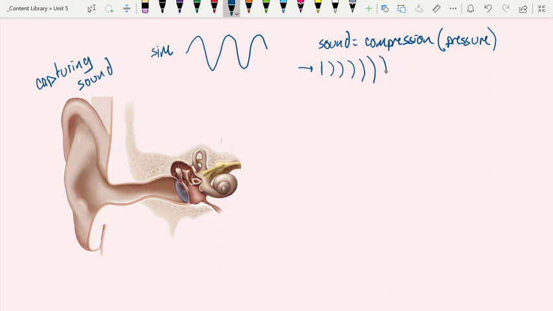And so we propagate a wave based on pressure, as essentially that force pushes on the molecules in the air, and the movement of those molecules is what this pressure wave is all about.